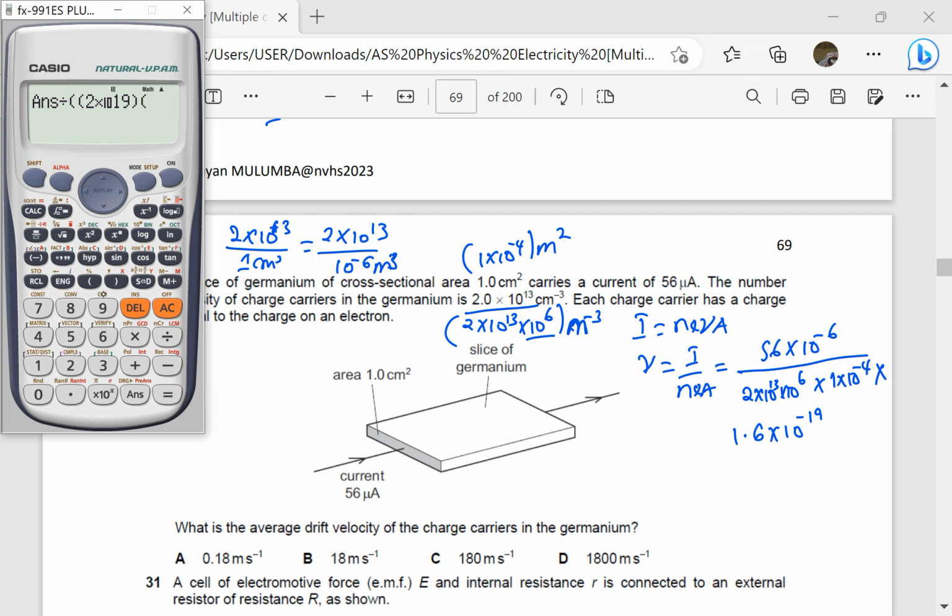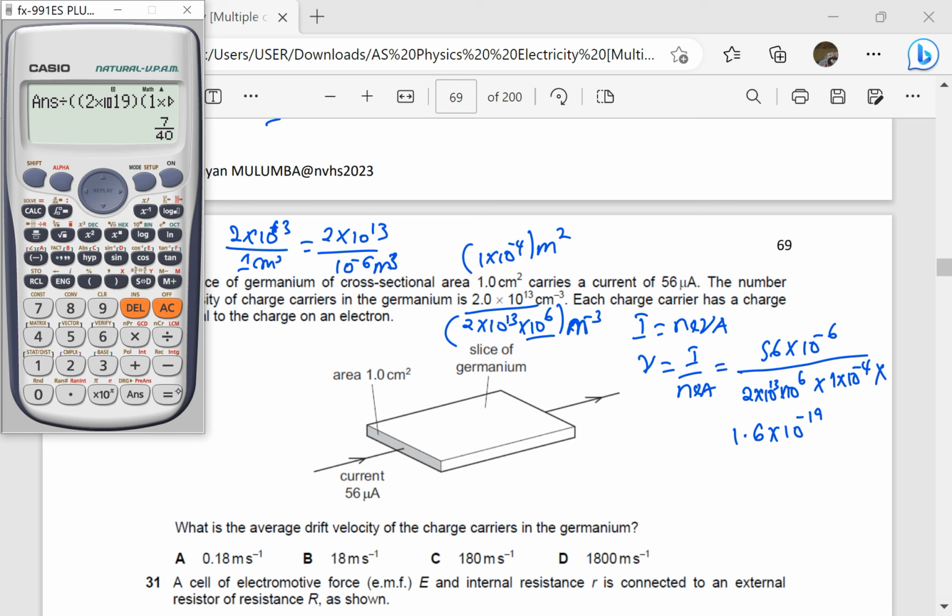Open another bracket, 1 exponent negative 4, that was the area. Open another bracket, 1.6 exponent negative 19, close that bracket and close the bigger bracket.